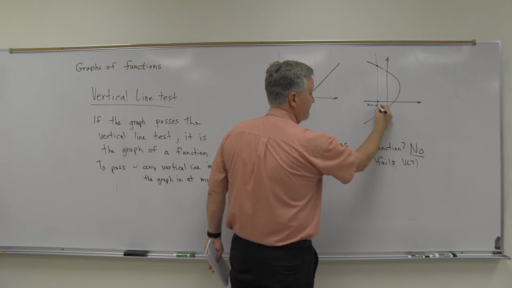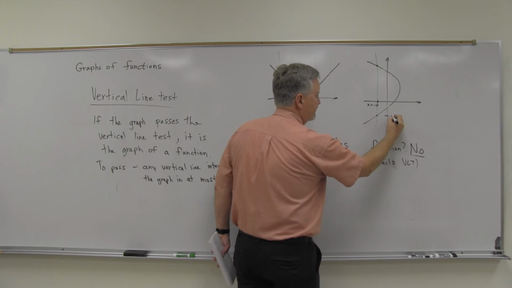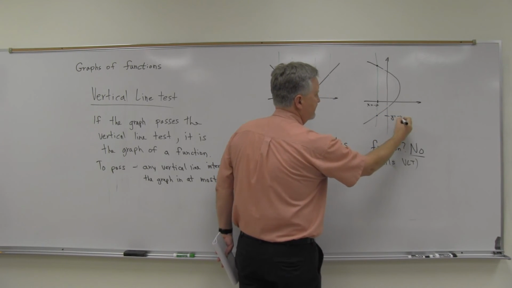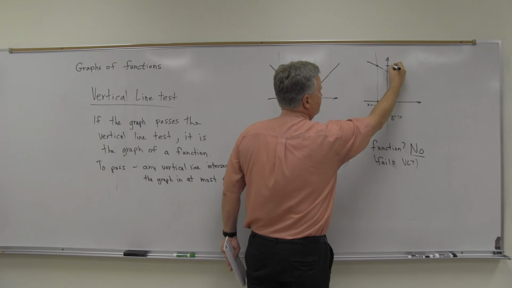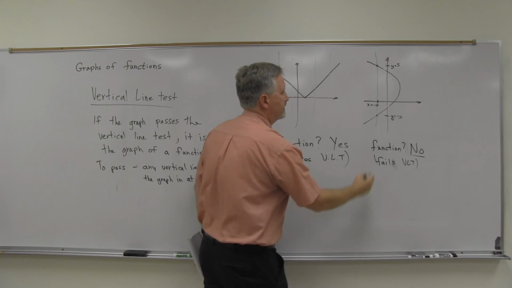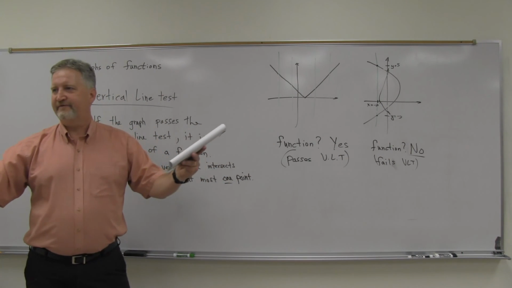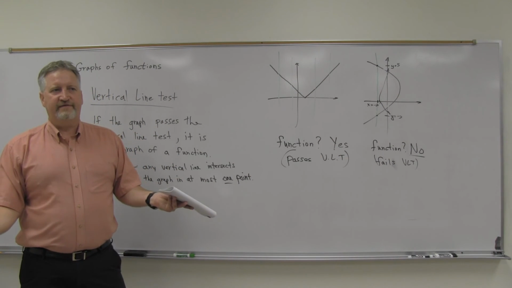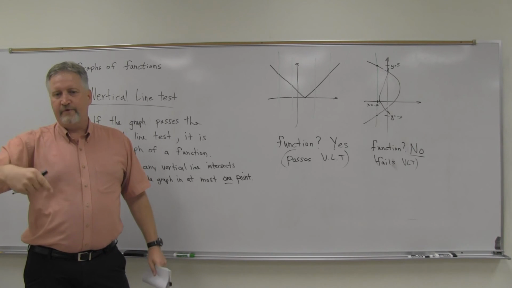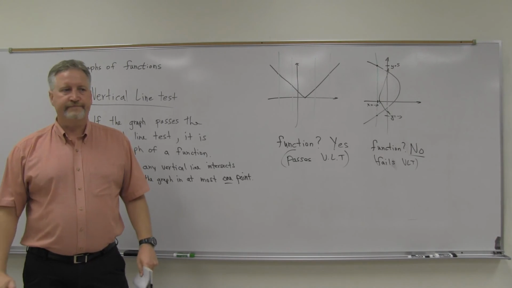Doesn't that x value, -2, go to this y value? Let's call it -3. And then it goes to this y value, let's call it 5. So this one x value goes with two y values. And that's why the vertical line test works, because it tells you you've got one x and it's going to two y's.